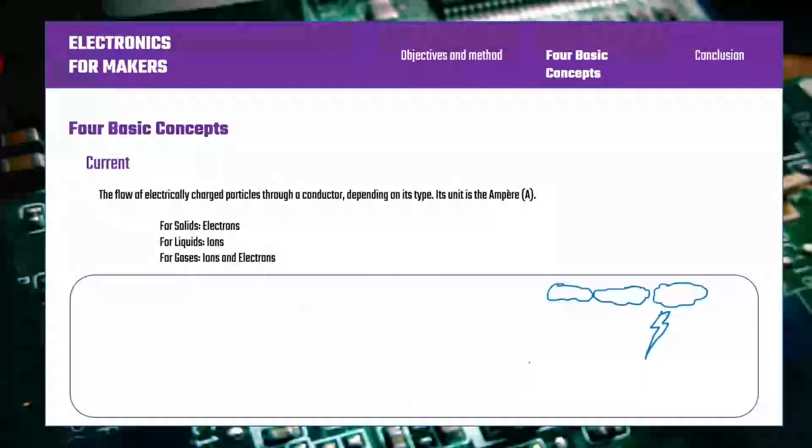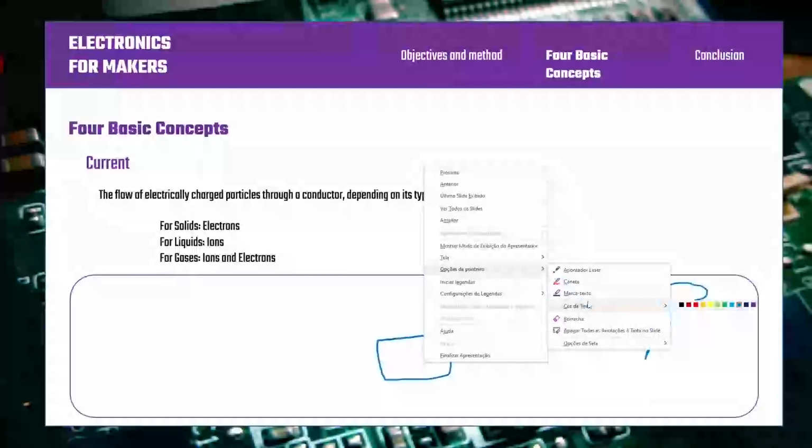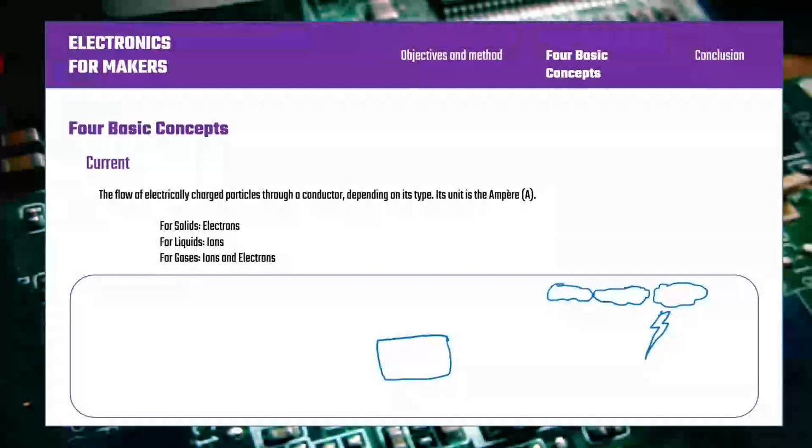It can also be in liquids, some chemical solution, where you have some kind of liquid of some sort, some kind of element, and this is a good conductor of electricity too. The ions in this solution can carry electric particles.